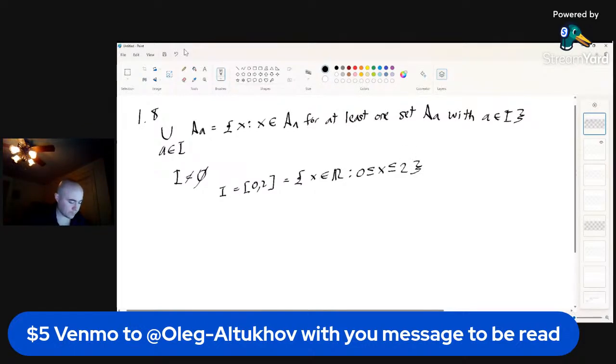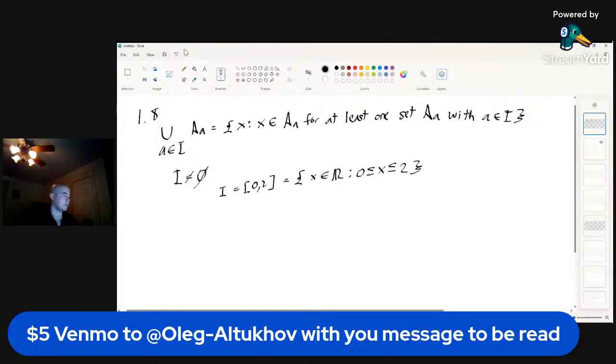Okay. Which is the set of all real numbers between 0 and 2. Okay. So then we have x is a member of the real set such that x ranges between 0 and 2.